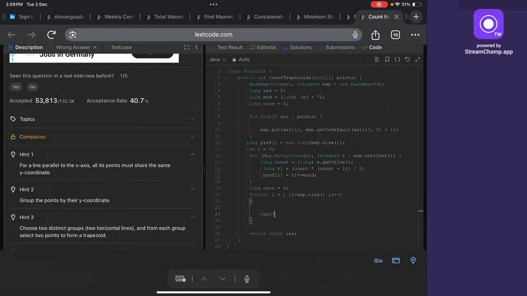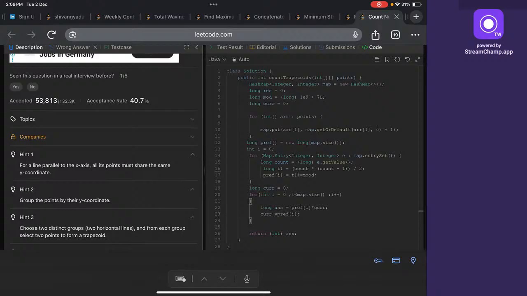Current plus equal to prefix of I. And long answer: current answer will be previous answer, now current prefix of I multiplied by count current.